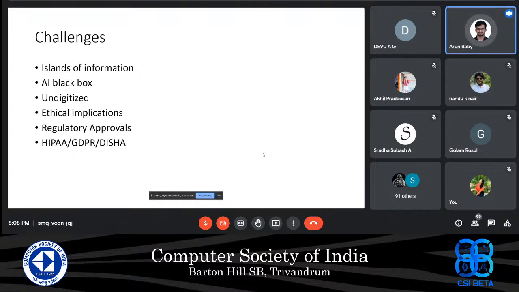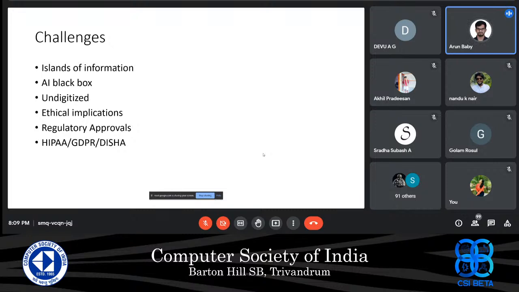It is HIPAA, where they provide certain rules on how to handle patient information. In Europe, it is GDPR, and in India, we still actually don't have a rigorous framework for that.